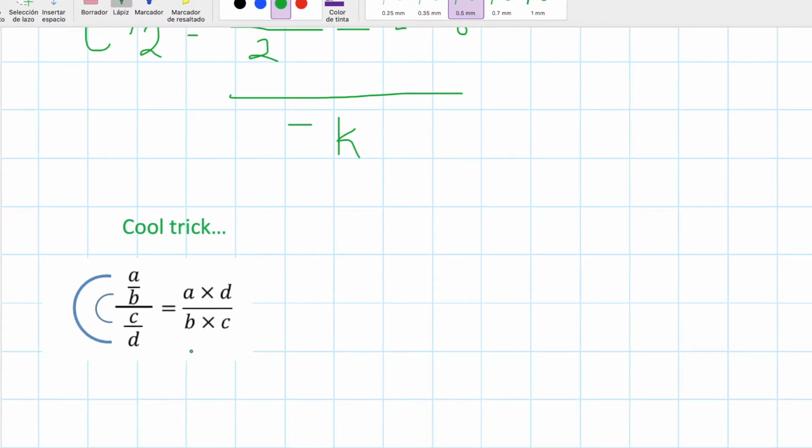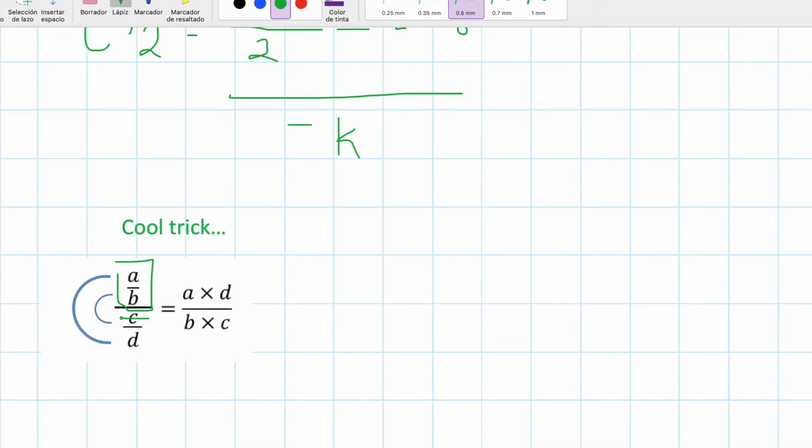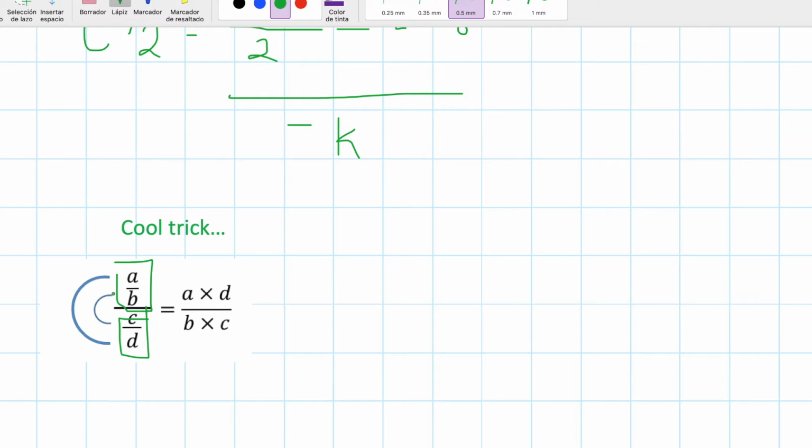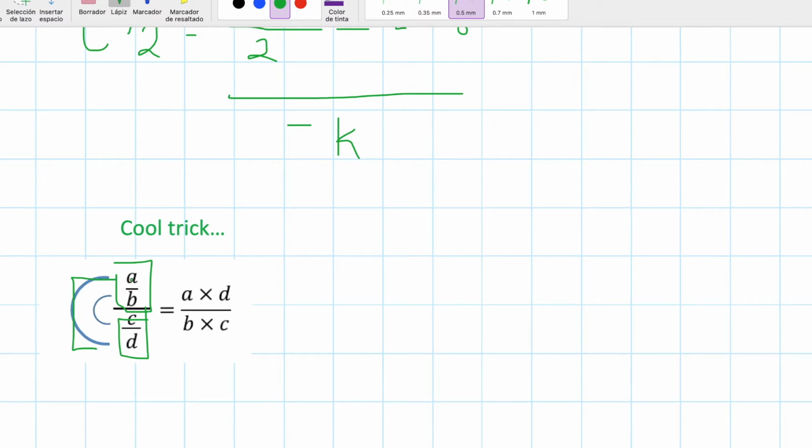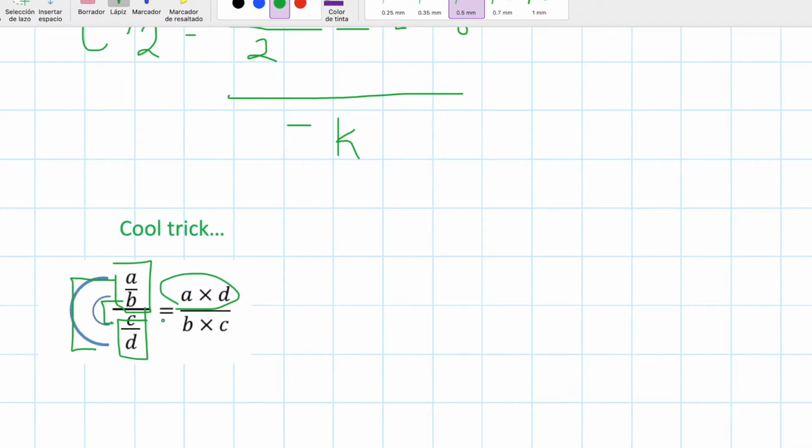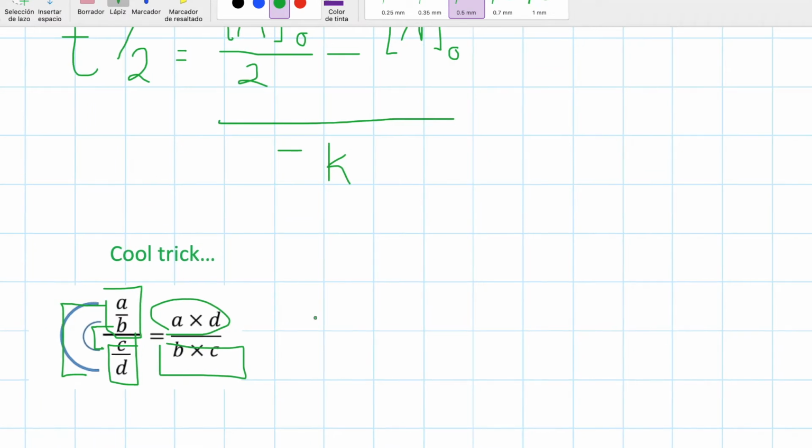Whenever you have one fraction over another fraction, when you're dividing one fraction by another, you multiply the ones outside, and these will be your numerator. So A times Z will be your numerator, and B times Z will be your denominator. This is a cool trick for you guys to use.